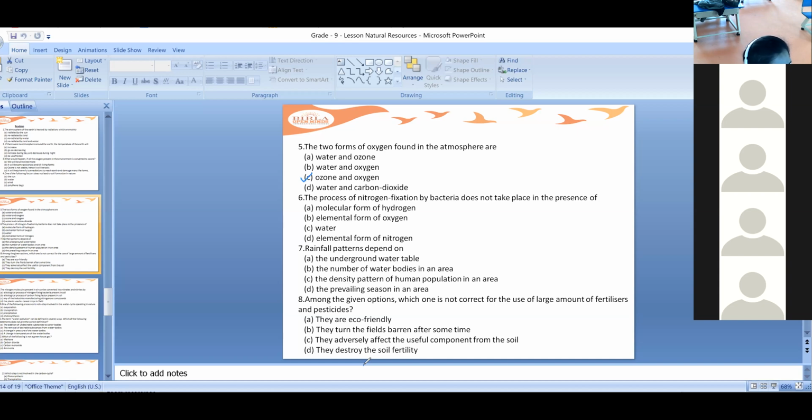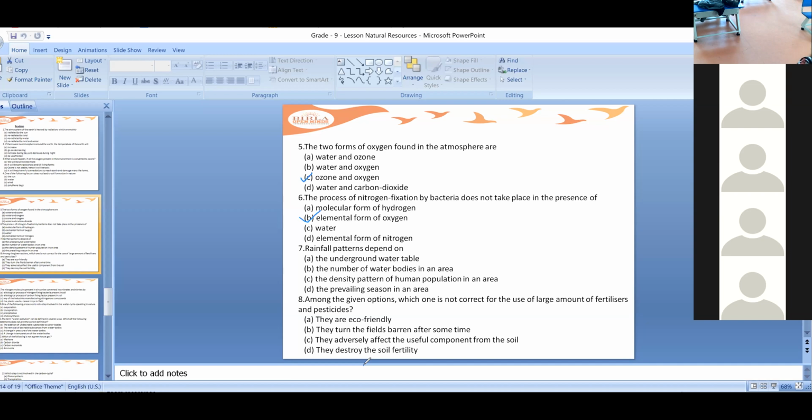The answer is A, the elemental form of oxygen. Oxygen must not be there in the process of nitrogen fixation. Nitrogen fixation by bacteria takes place in the ground, in the root nodules, isn't it? So there is no need of any elemental form of oxygen, because it is happening in the absence of oxygen.